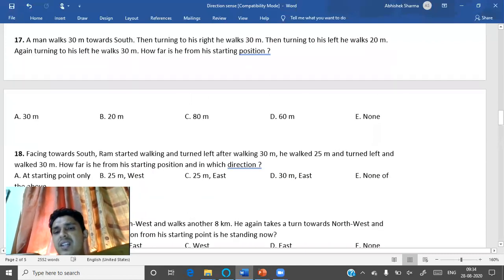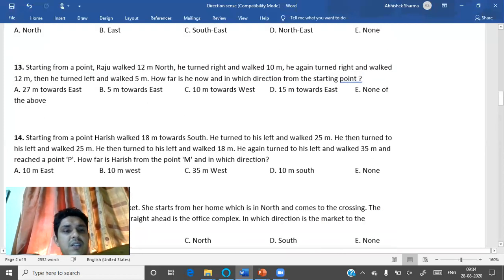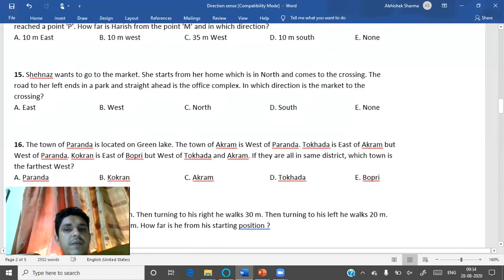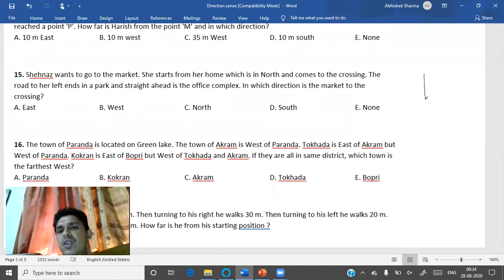So if I am taking the point where her home is, the crossing will be in the north direction, right? She comes to the crossing, then the road to her left ends in a park.